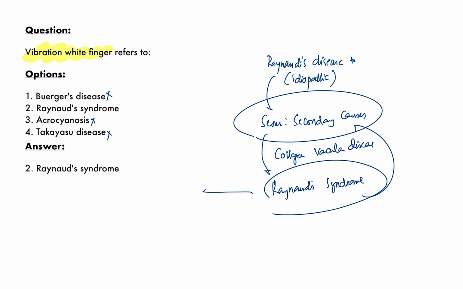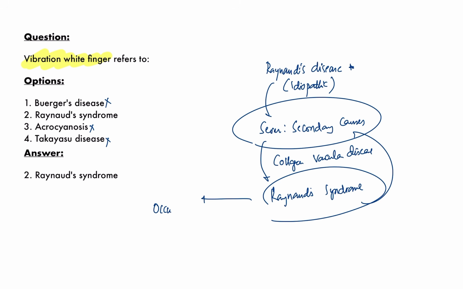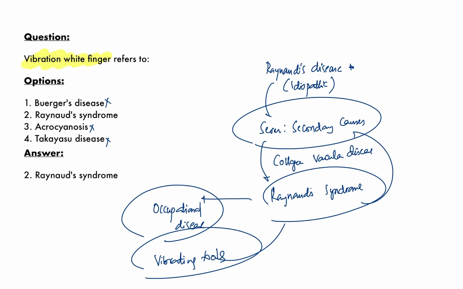The same Raynaud's syndrome is also seen as an occupational disease. People who use vibrating tools will develop this vibration white finger, with this Raynaud's syndrome.